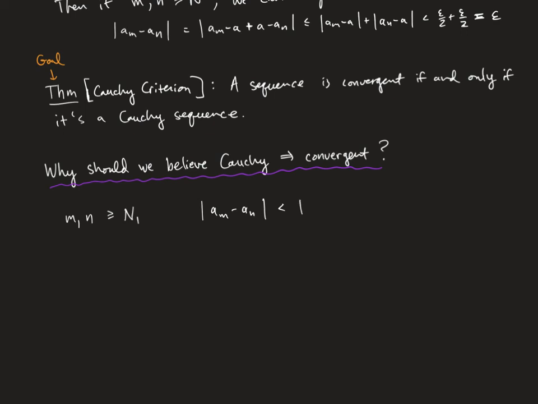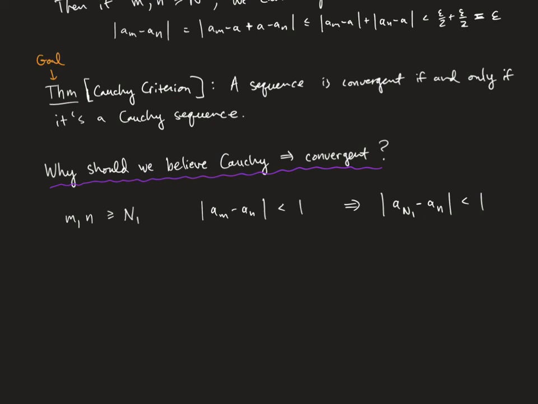In particular, if we take m to be that n1, this says that after the point n1 in the sequence, everything past that point is within 1 of a_n1. In other words, the entire sequence after this point is trapped within 1 of a_n1. So that puts a hard bound on where the sequence is.